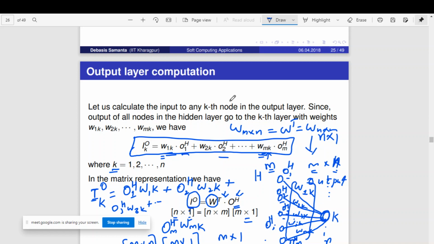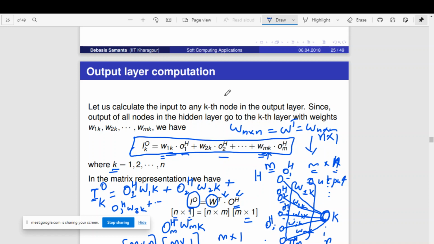The number of columns in the, no, tell clearly, which matrix's rows should be equal to which matrix's columns? We have two matrices, right?